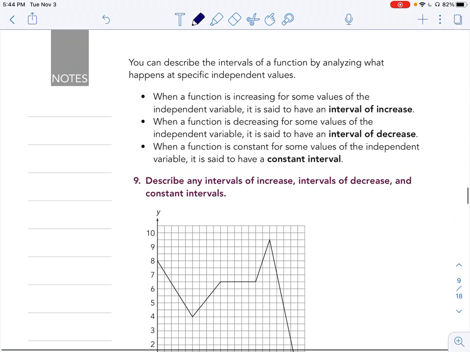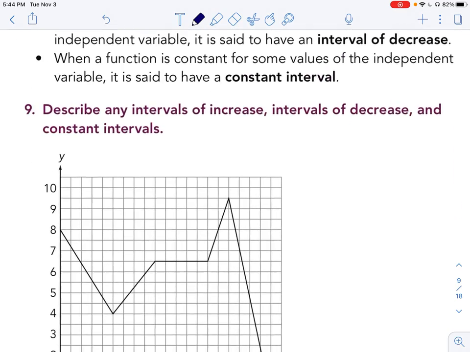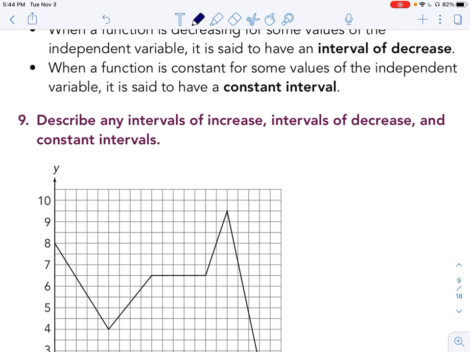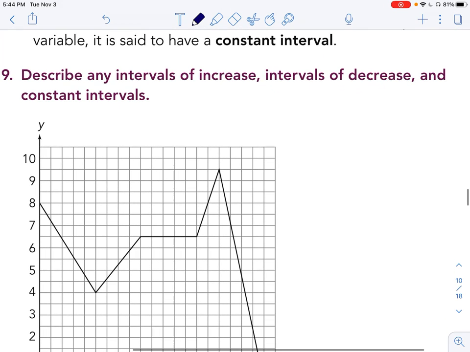So what we're going to do on this graph is we're going to talk about the increasing, decreasing, and constant. So I'm going to highlight the increasing as pink. So the pink would be going like this and like this.